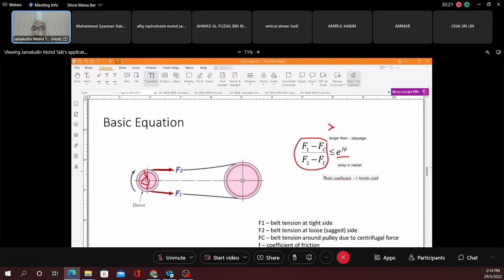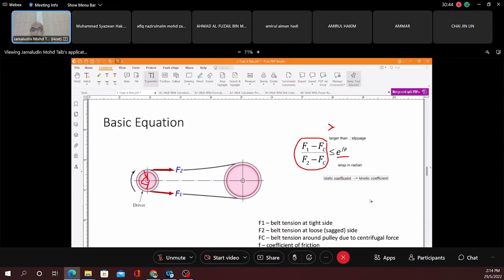That's why, when it rotates, it keeps rotating, because this will be higher as long as you don't go beyond this value. When you go beyond it, the coefficient will be a lot lower, because it's changing from static to kinetic.